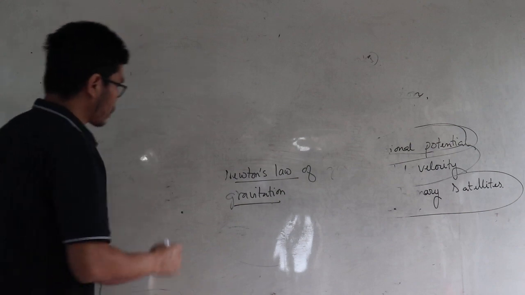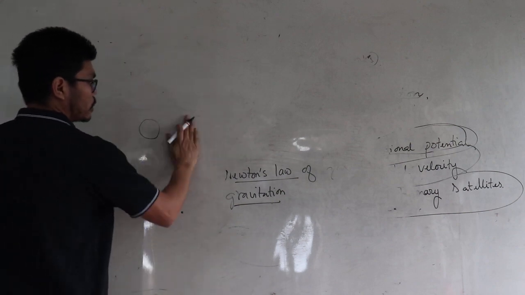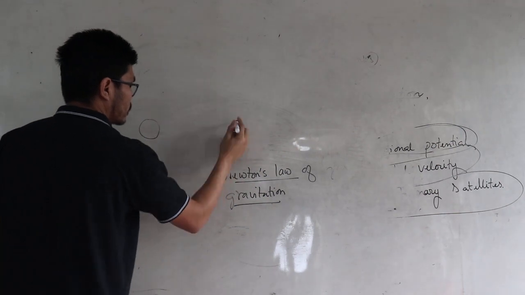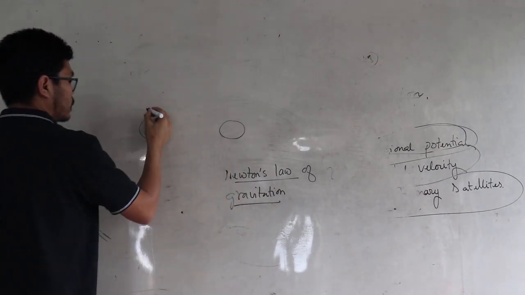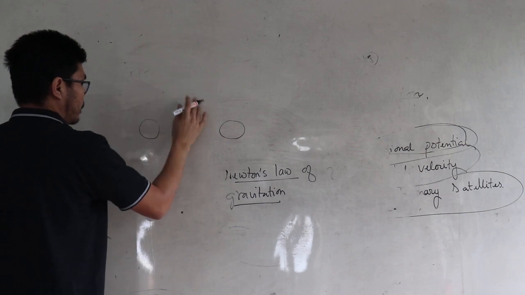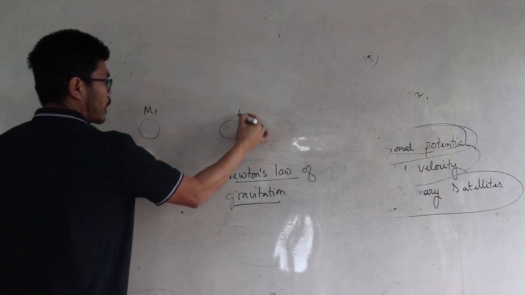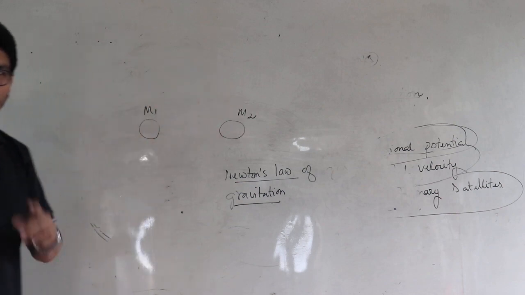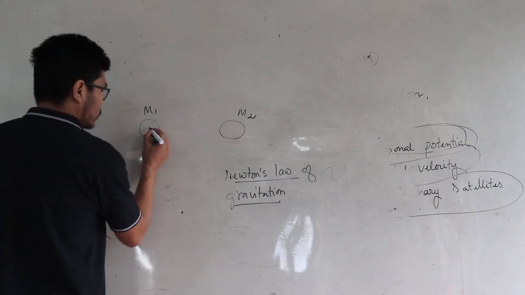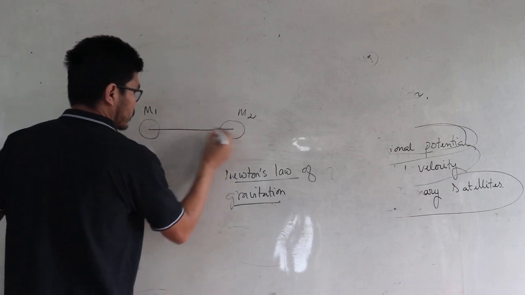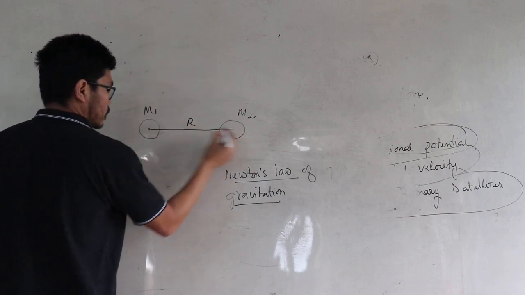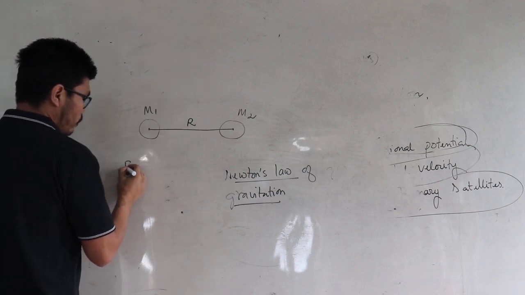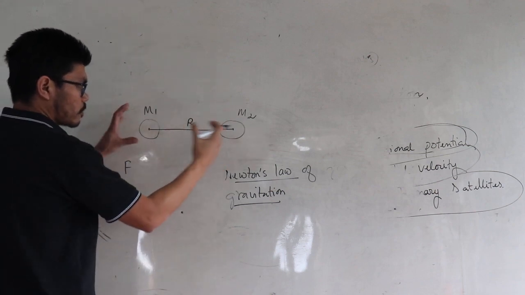One body is here, another body is here. This one has a mass of m1, and this one has a mass of m2, maybe 1 kg, 2 kg, like that. These are separated by a distance of r from center to center, maybe 1 meter, 2 meters. Then there is an attractive force between them.